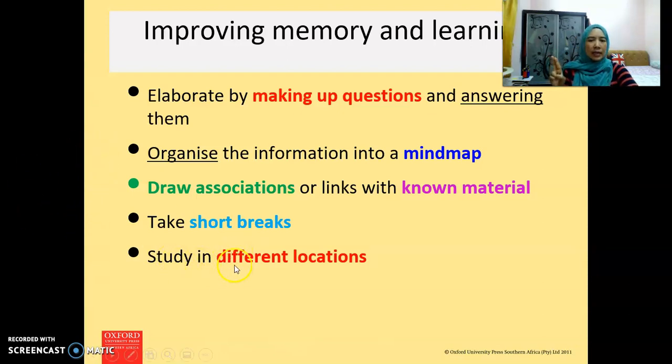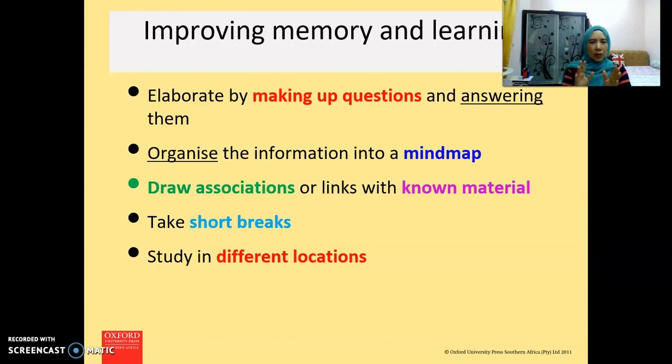Another thing is to study in different locations. Some people need to study at different locations, for example, under the tree, in the library, in the kitchen, or in the bedroom. According to this textbook, in order to enhance your memory, you need to switch the place, to different locations. But it depends on you.